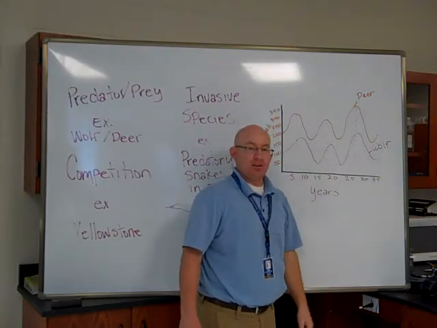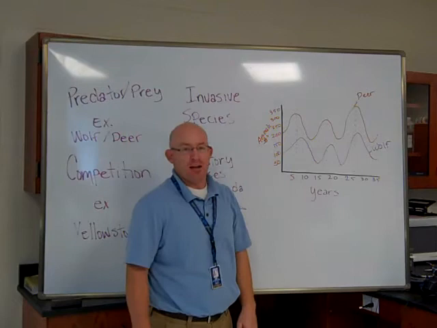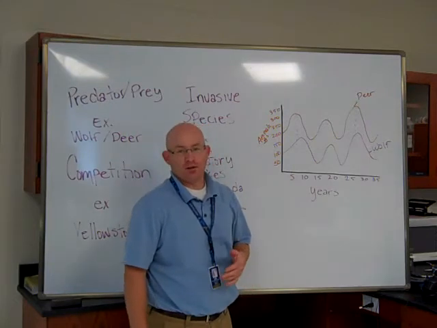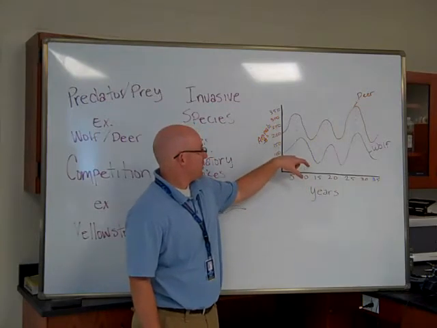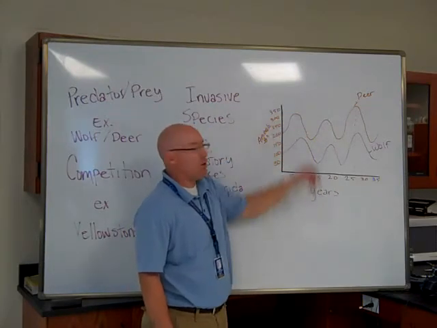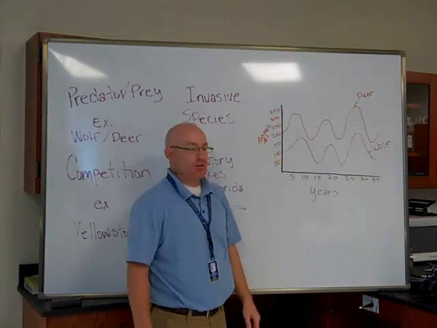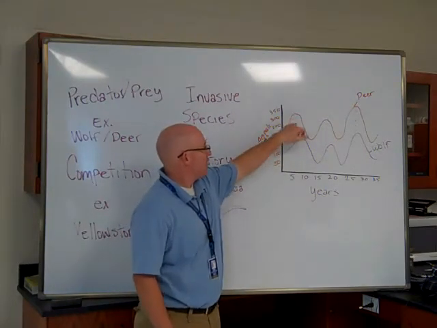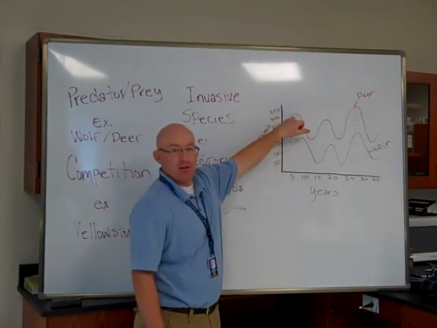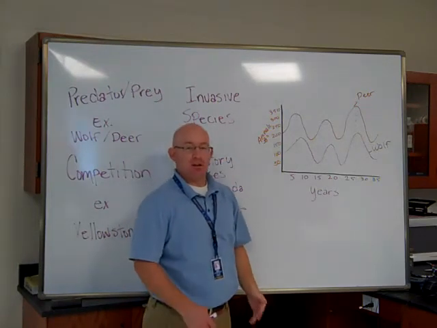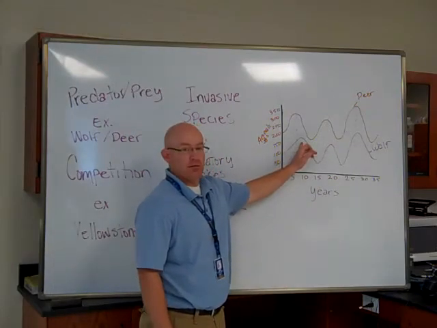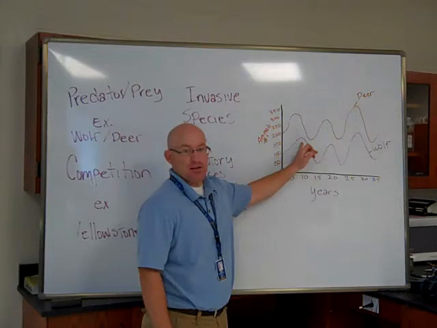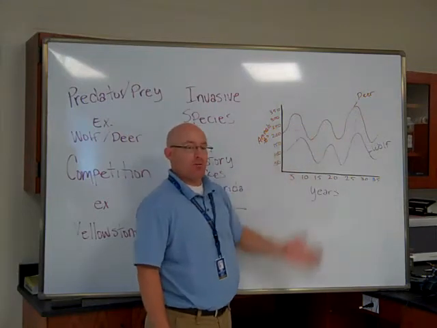Now there's a dynamic to most predator-prey graphs that people don't quite notice when they first look. So I drew a dashed line to show us this dynamic. My line travels straight up through the center of this peak for the deer. What I notice is there's a lag between where the peak of my predator is compared to the prey. So let's talk about why that is.